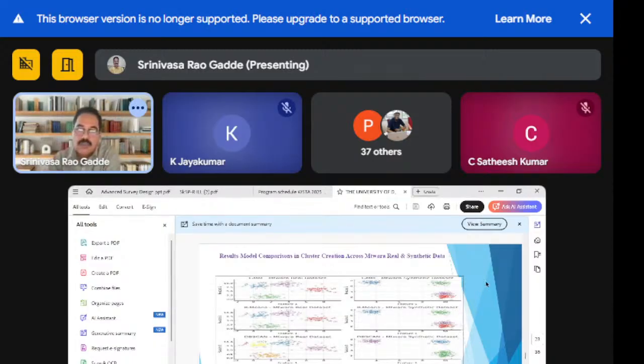To see the clustering, this figure shows the clustering of the Matwara dataset. The first panel is for the real data, whereas the second panel is for synthetic data.